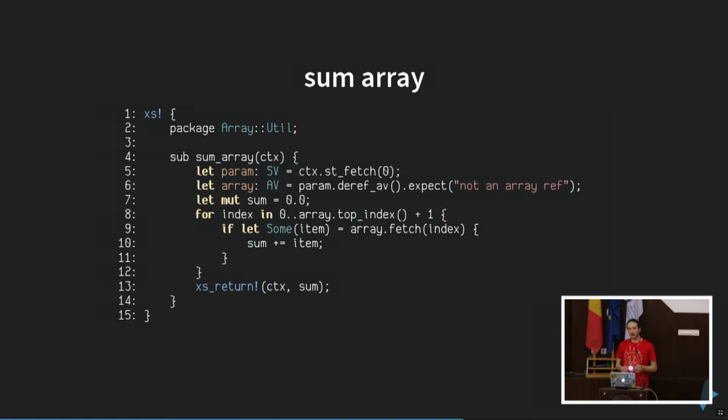Again, in C, av_fetch may return a null pointer if you have a gap in the array or the element is not defined. Here, we return an Option again, and in this case, I'm just checking explicitly using the language syntax that whatever is returned is Some, which is the term for having a value, and inside Some will be our item that we're looking for.